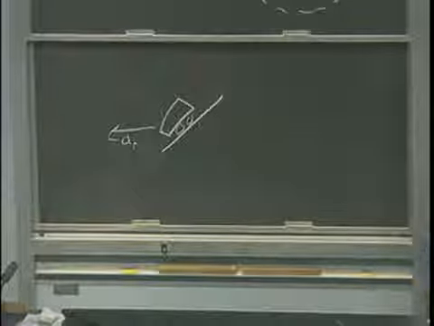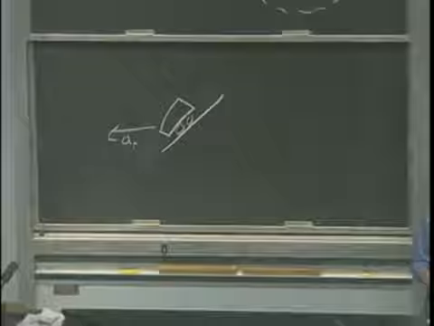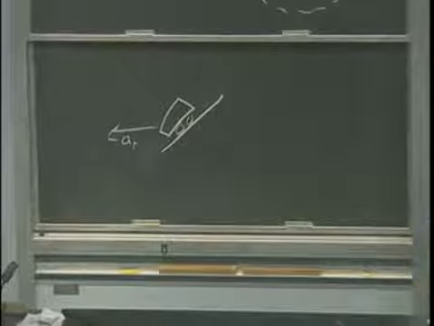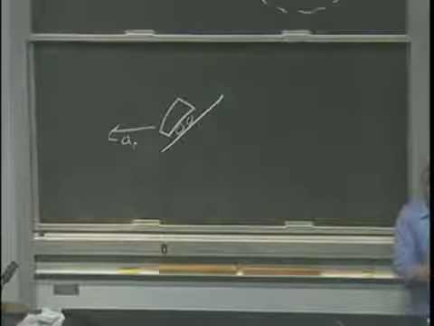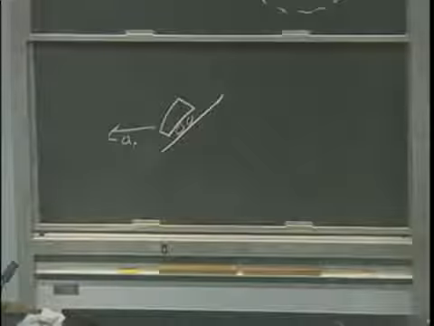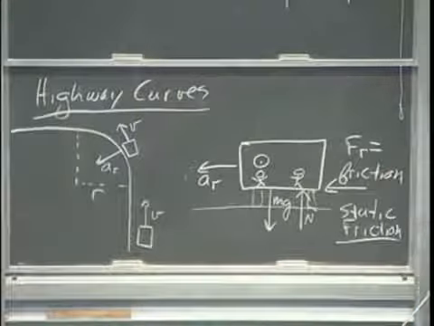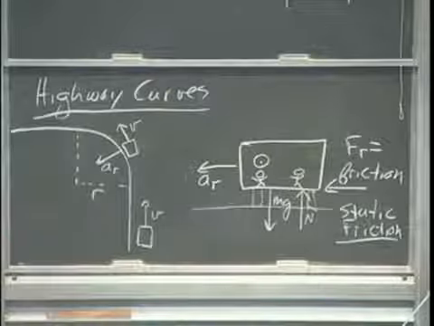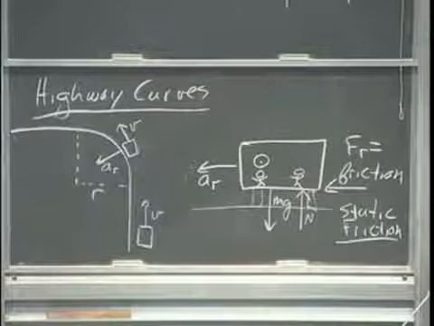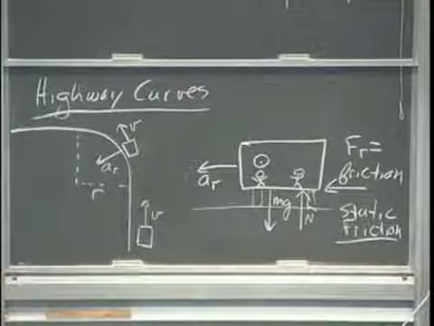Okay, so in the last 10 minutes, I just want to talk about the passengers in this car. Say that you and your friend are in that car and you start going around a curve. As you go around that curve, 2 things are happening. First off, you are accelerating.